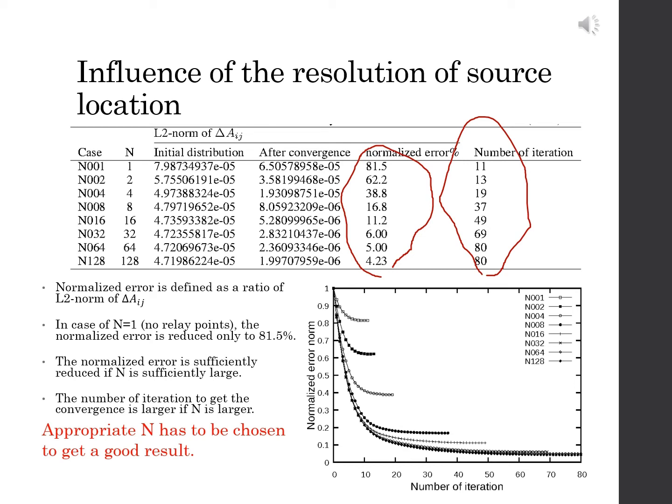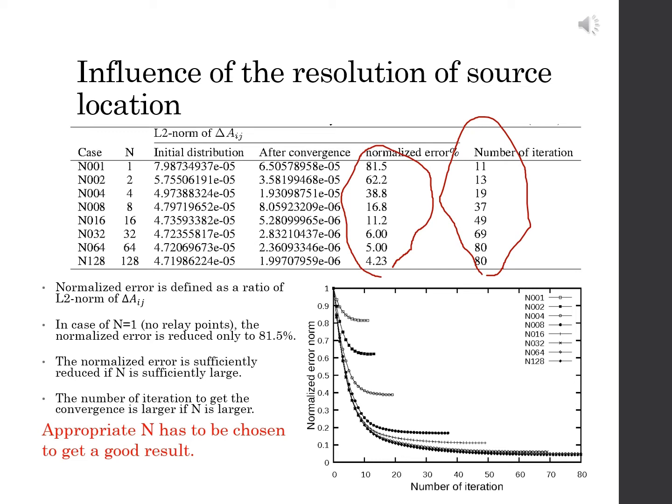So this result suggests that an appropriate n has to be chosen to get a good result. If n is lower, obviously errors are involved in the resultant velocity distribution. And further, the number of iterations gets higher if n is larger.